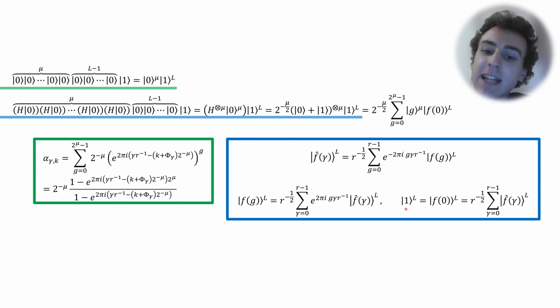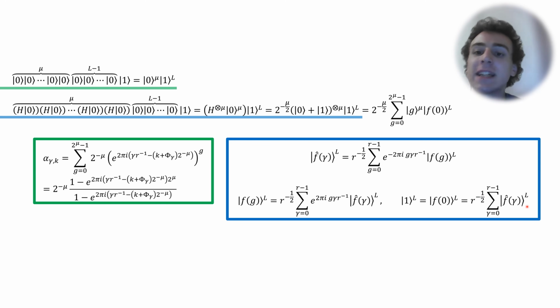So the state labeled by 1, that is equivalent to a superposition of all of these f hat states. And these f hat states, they're very special. They are actually eigenstates of the unitary operator, which is the target of phase estimation. So when we initialize this register y at the beginning, we're initializing it in a superposition of eigenstates.